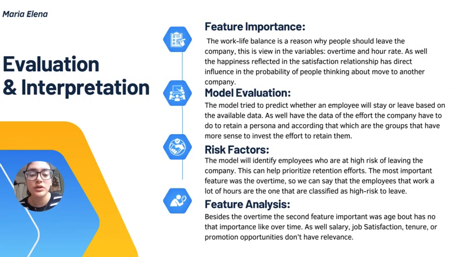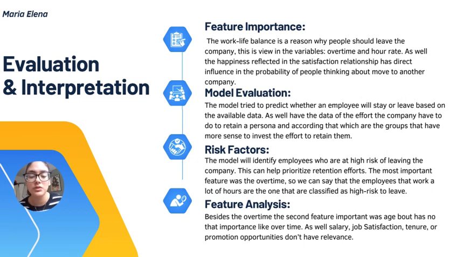After the modeling, we found that the most important features were overtime and the hourly rate. In the model, we try to predict if the employee will stay or leave the job with the available data, and also which group the effort should be focused on to guarantee the success of each strategy that we are going to propose.